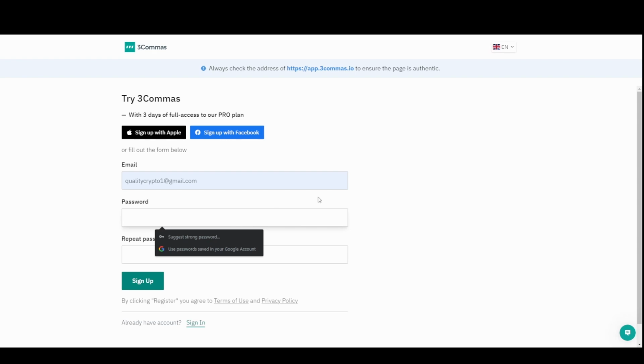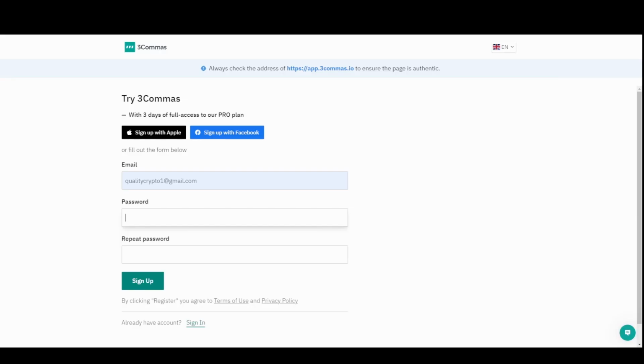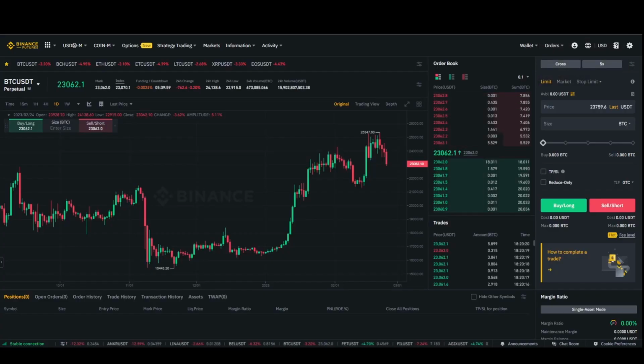The way we would use the bot that we've created is we would put it into 3Commas, and we would get our API keys from Binance. We get the API key, and then we get the API secret key.